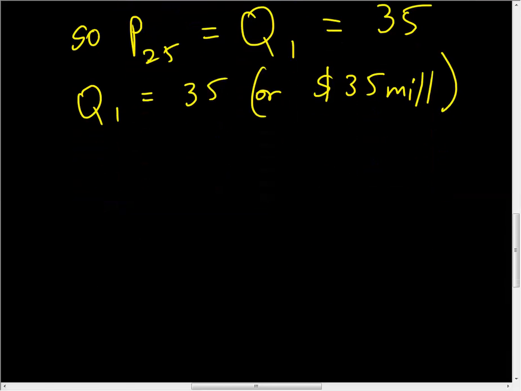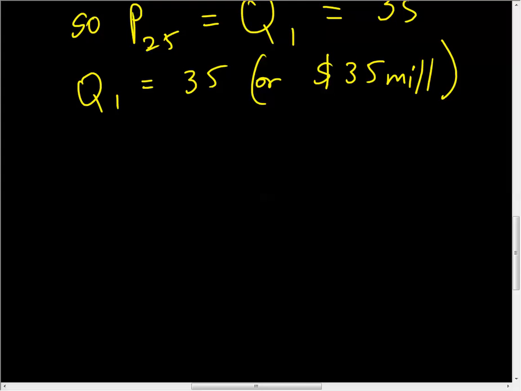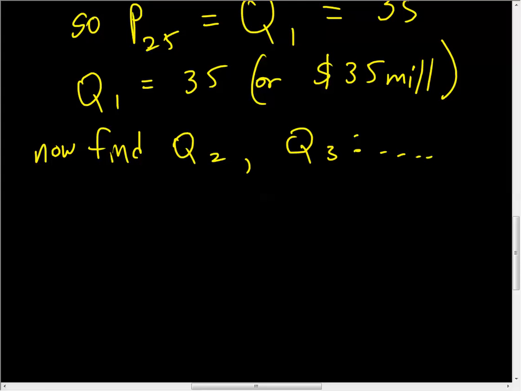Now, let's see if we can find the other two quartiles, Q2 and Q3, in similar fashion. Q sub 2 is the 50th percentile.